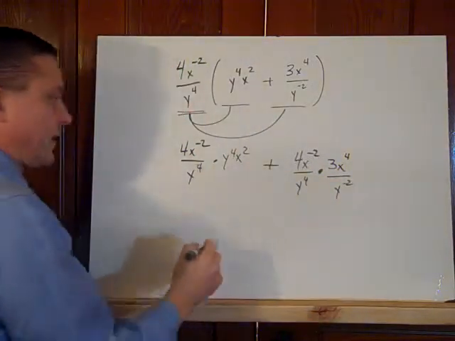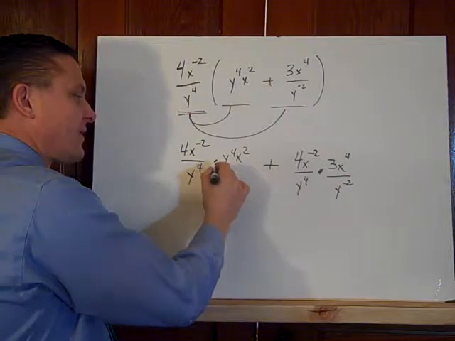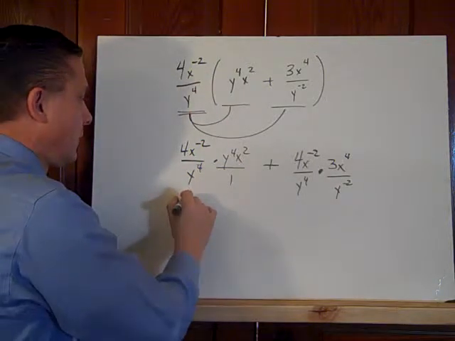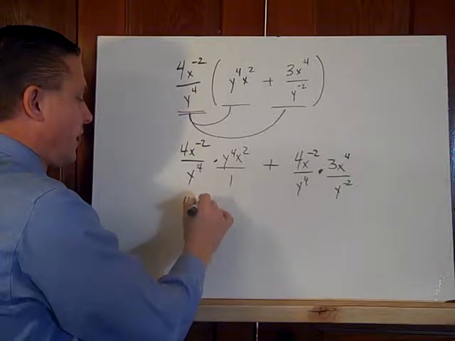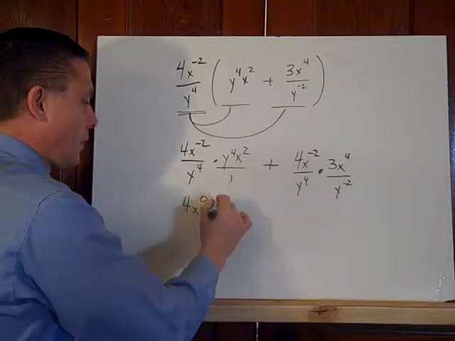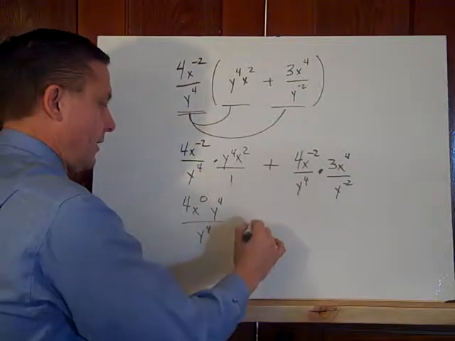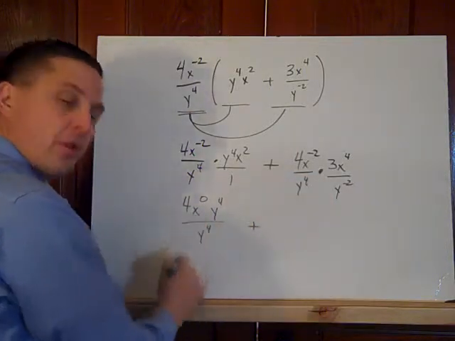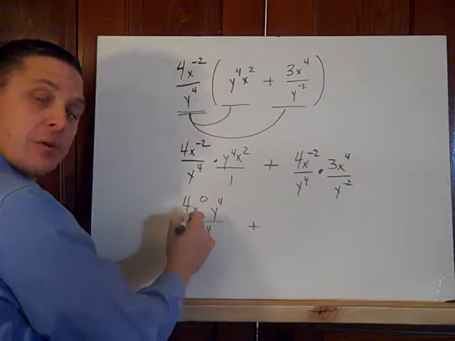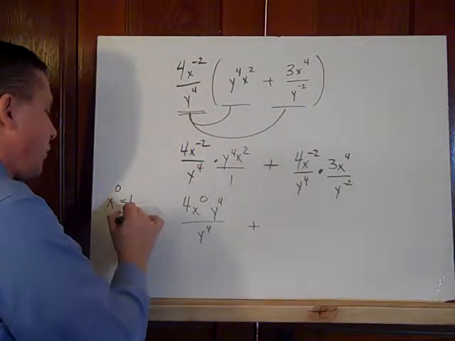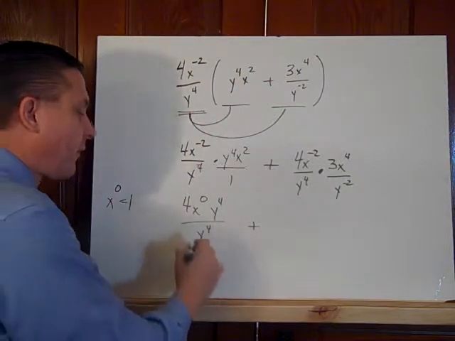Now I have to do some simplifying. And again, realize this is over 1, so the bottom's not going to change. I'm going to get 4x^0, since -2 plus 2, y^4 over y^4, plus, and I'll work this term out completely. x^0 is 1. Anything to the 0 power is 1. And 4 times 1 is 4.